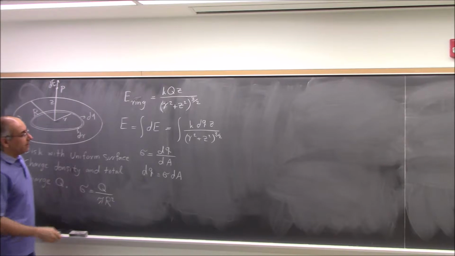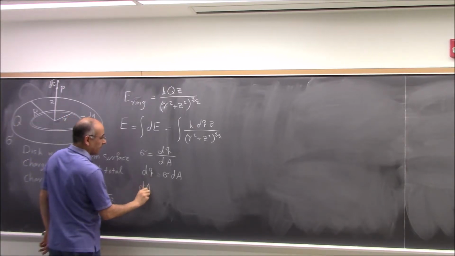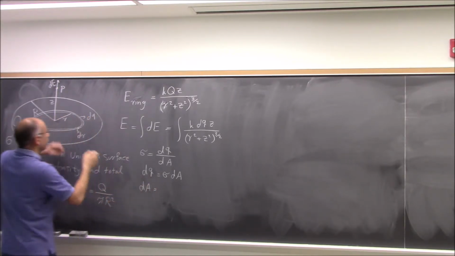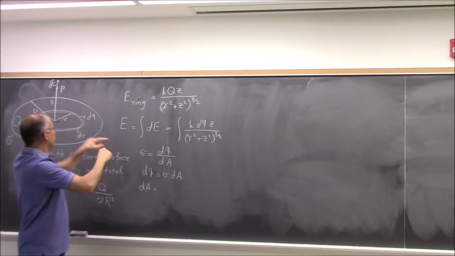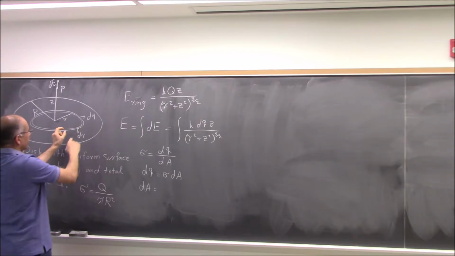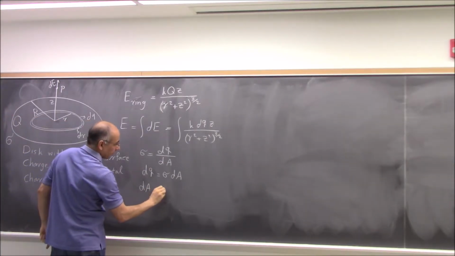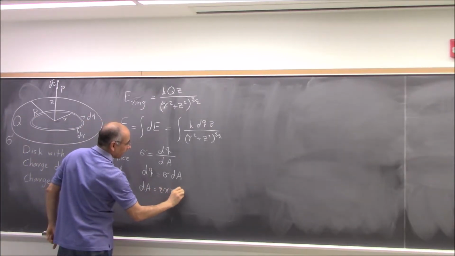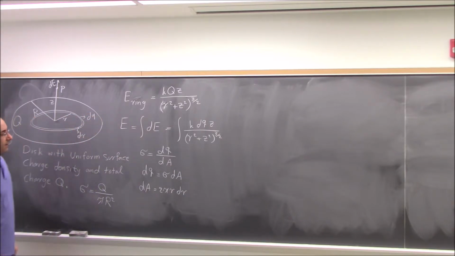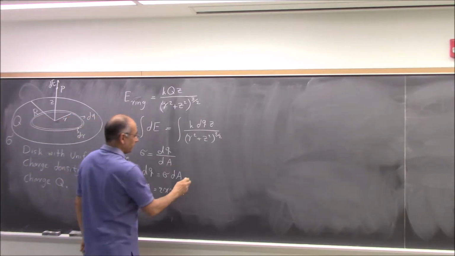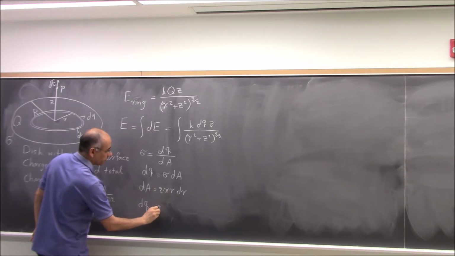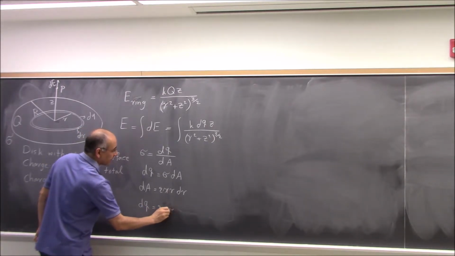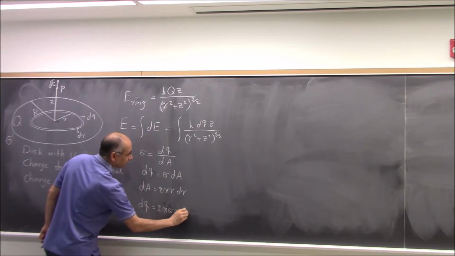And dA, we said, if you break this ring and open it up, one side is the circumference of this circle, the other side is dr. So it's 2 pi r dr. Therefore, dq is 2 pi sigma r dr.